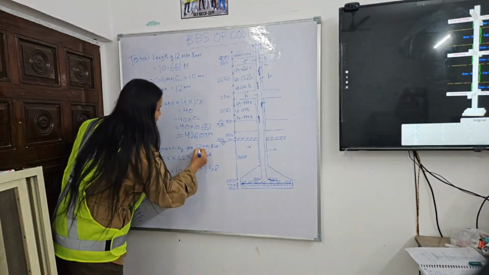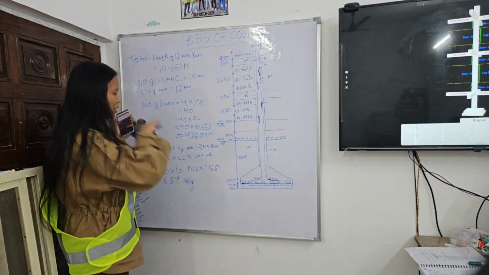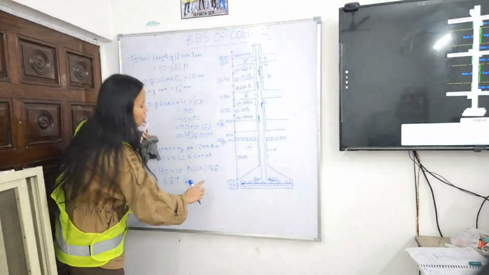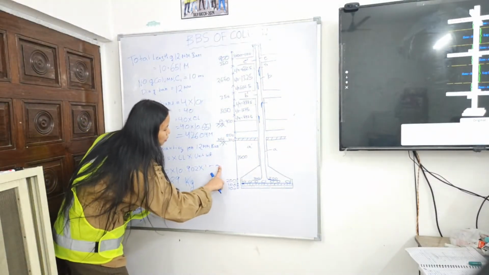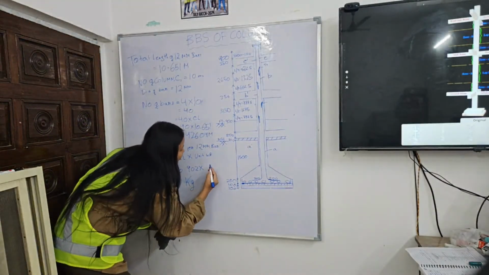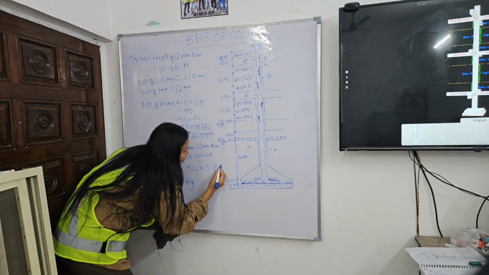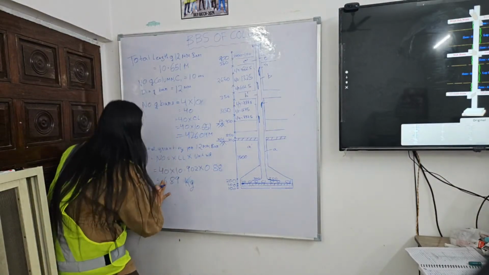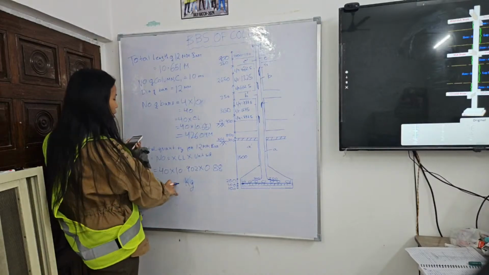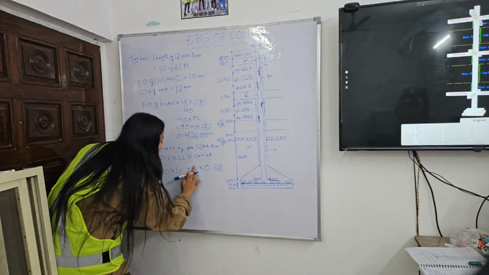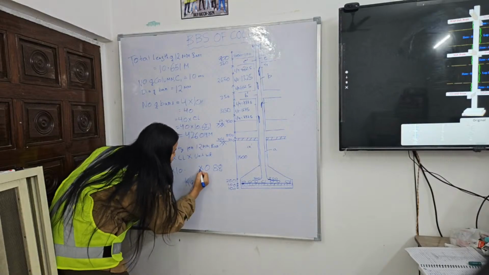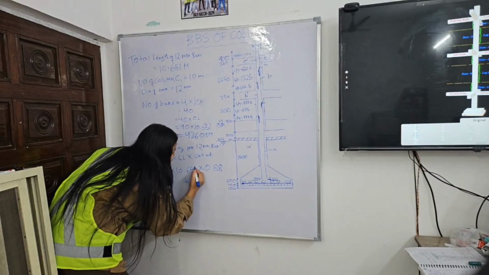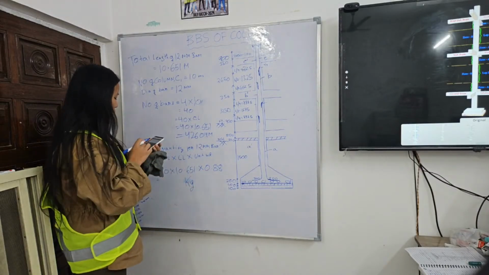So now the total quantity for 12 mm bar. The unit weight of 12 mm bar is not this one, but it is actually 0.88. So I'll calculate this again, and here the value will be different, which is 10.651.